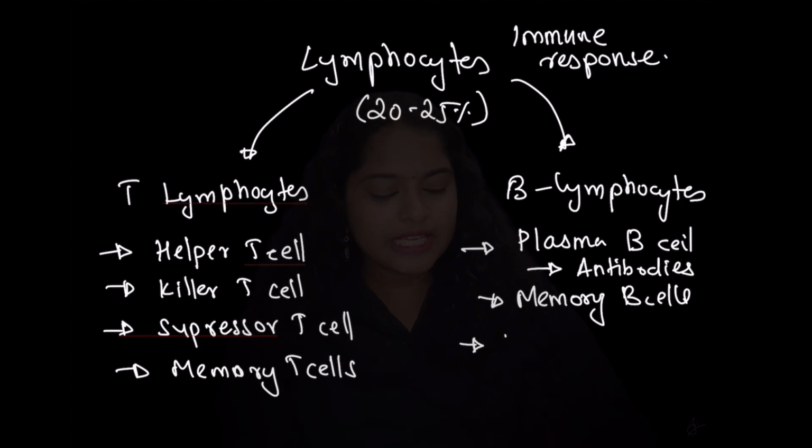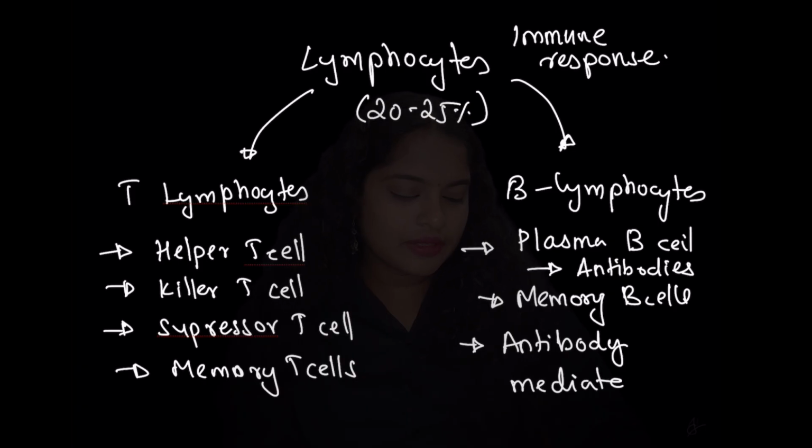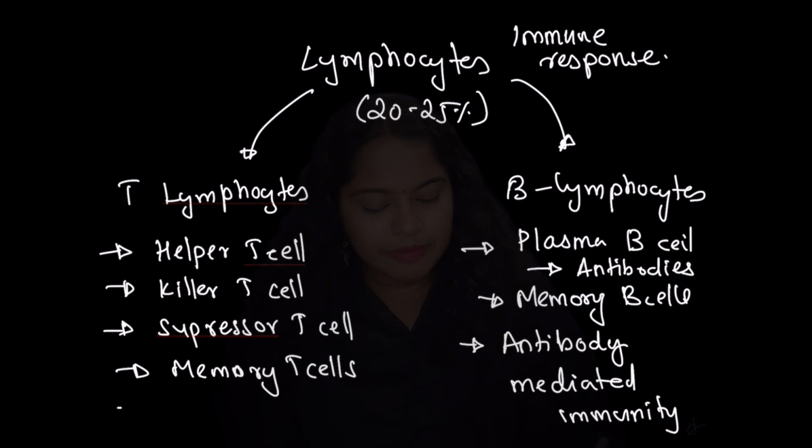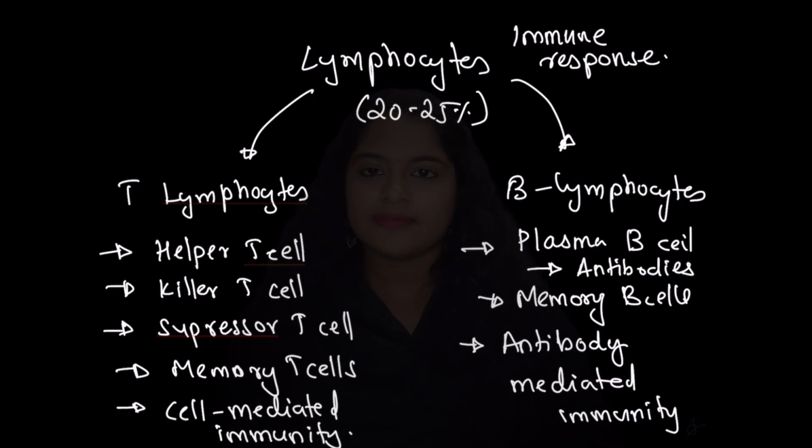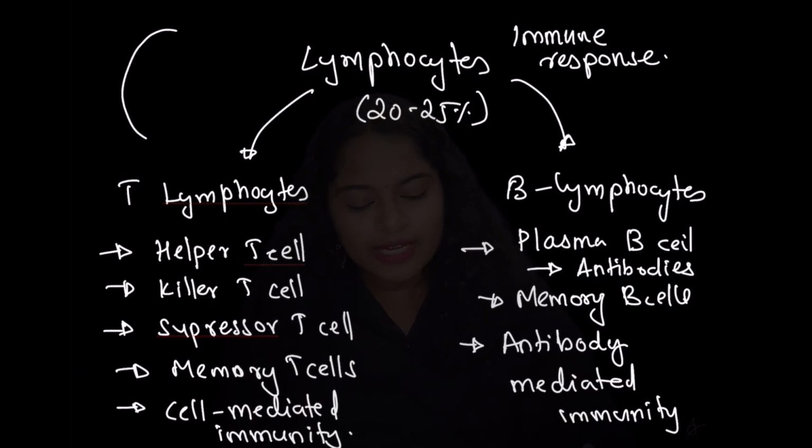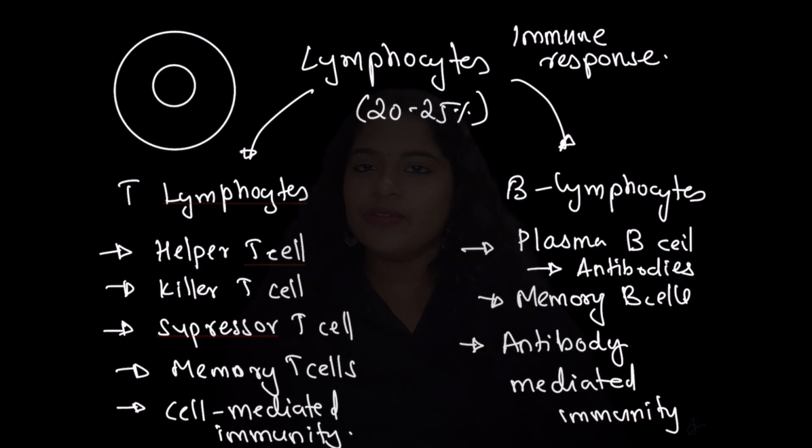B lymphocytes will be giving antibody mediated immunity, and the T lymphocytes will be providing cell mediated immunity. So they have a large round nucleus and they don't have granules in the cells as they are agranulocytes.